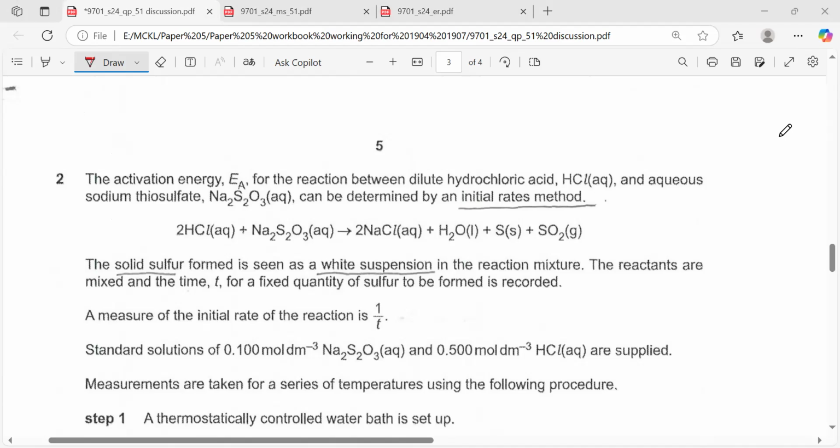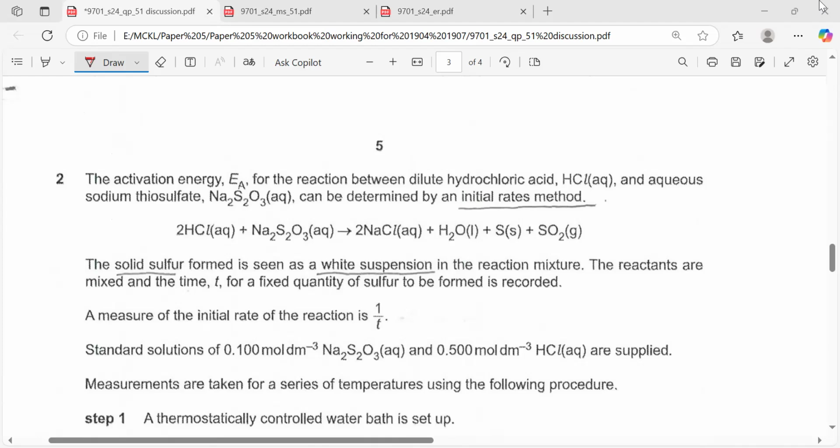The highest rate of reaction will always be at time 0, because that's where your reactants are present in the highest concentration. When time progresses, the reactant concentration decreases. That's why your rate will also decrease. So we normally use the initial rate to represent the whole reaction rate. It is a representation. So that's initial rate.